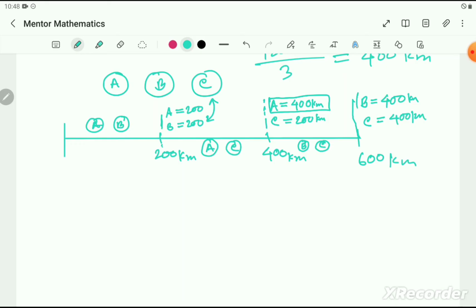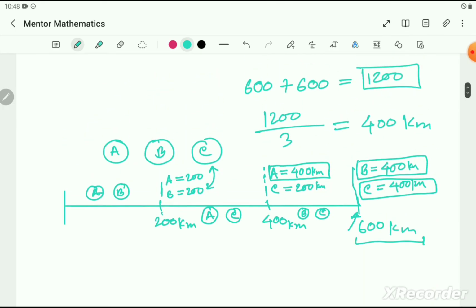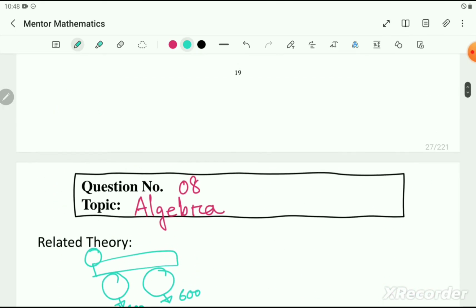So all 3 tires in this way will travel an equal 400 kilometers, and the motorcyclist will reach the 600 kilometer distance. So our answer is 400 kilometers. I hope you understood this problem.